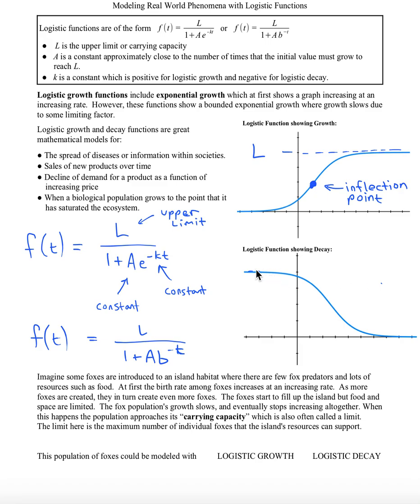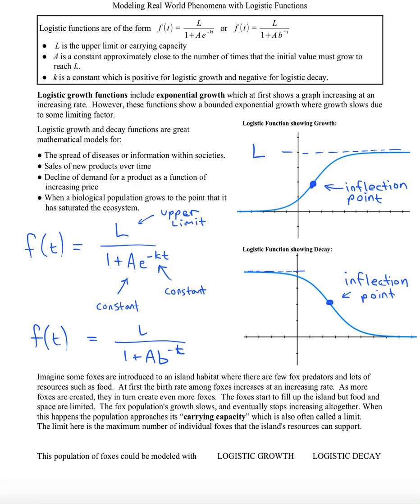With logistic decay, it's the opposite. We start off at a high value, reach an inflection point, and then proceed to some lower limit, which the function settles out on. All right, so what type of logistic function is this? Is it growth or decay?